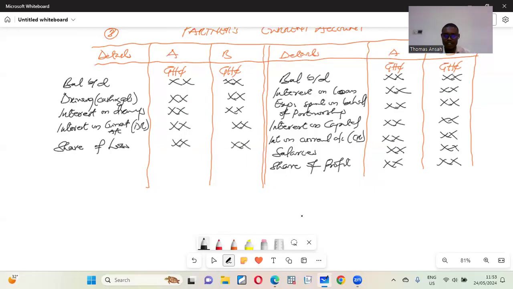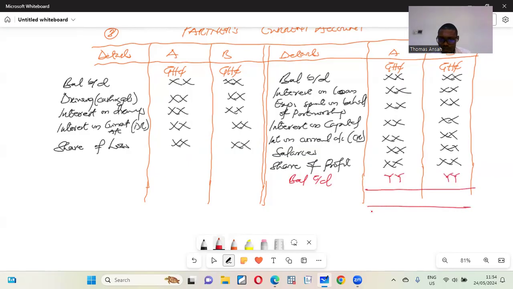Now, when we finish like this, we need to total them and find out which part is bigger than the other. You learned that last semester, right? In the old videos you can search for, you realize that those ones too were there. So now you balance the account. Be careful. The balance carried down can be here, the balancing figure, it can be at the credit side, or it can be at the debit side.